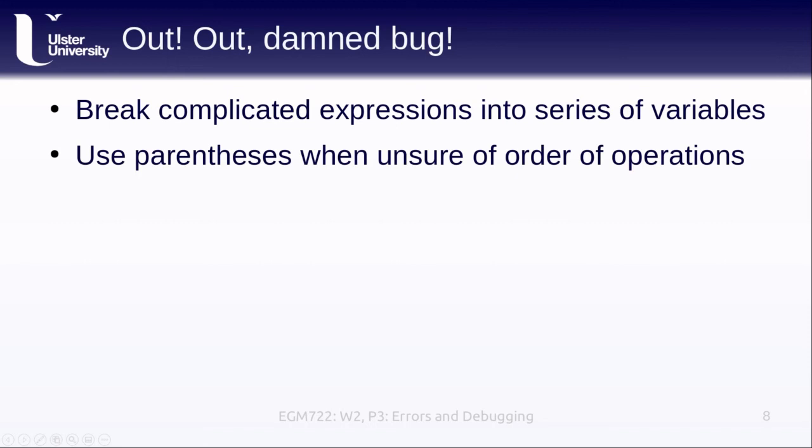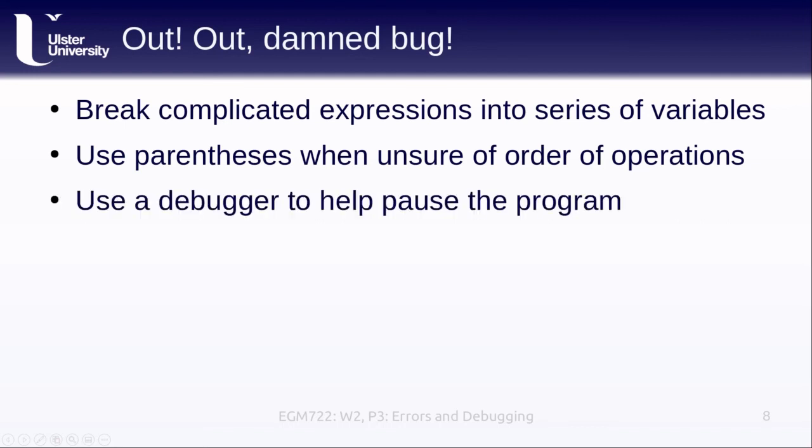If we're not sure about the order of operations for a particular expression, we can use parentheses because it doesn't cost us anything, and it will ensure that we know the correct order that is being done on that expression. We can also use something called a debugger to help us pause the program at certain steps, look at the outputs, and see if we can figure out where the output is going wrong. Most of the IDEs that you're going to find out there have debuggers built in, and you can look for your particular debugger and how you actually go about using that.